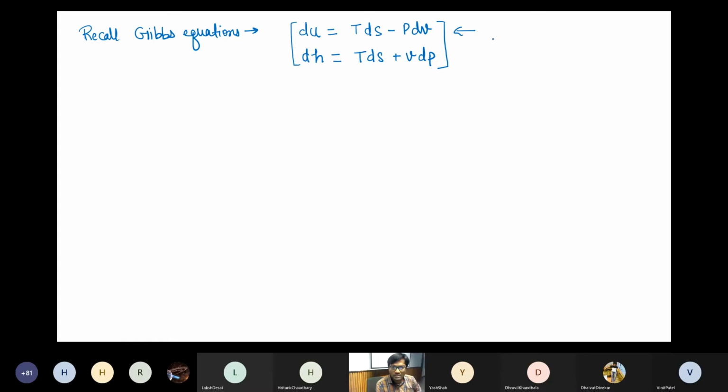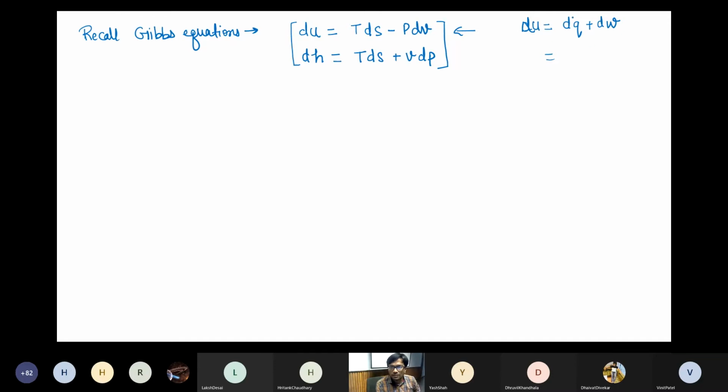Let me go one step back and recall our first law of thermodynamics. We can start with that. The first law tells us dU is equal to dq plus dw. This is the usual first law.